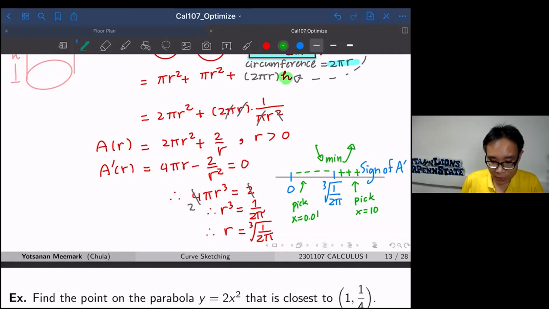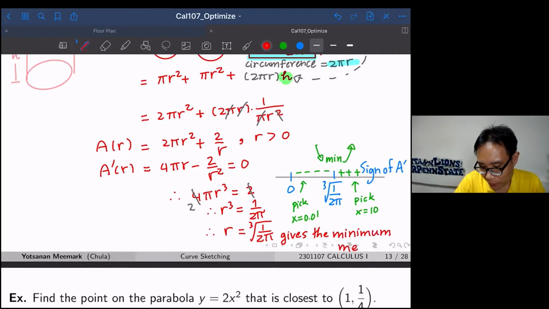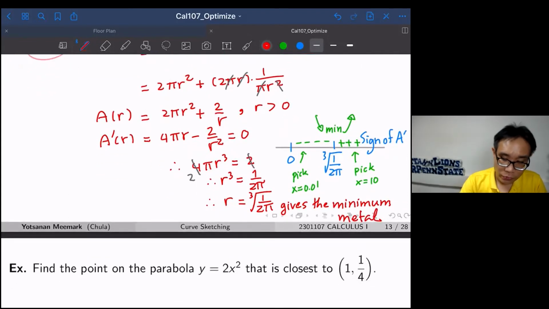So r equal to the cube root of 1 over 2 pi gives the minimum material. And this allows you to solve for h.